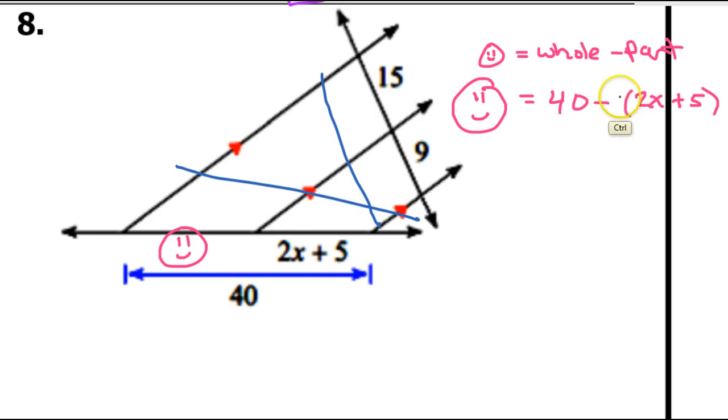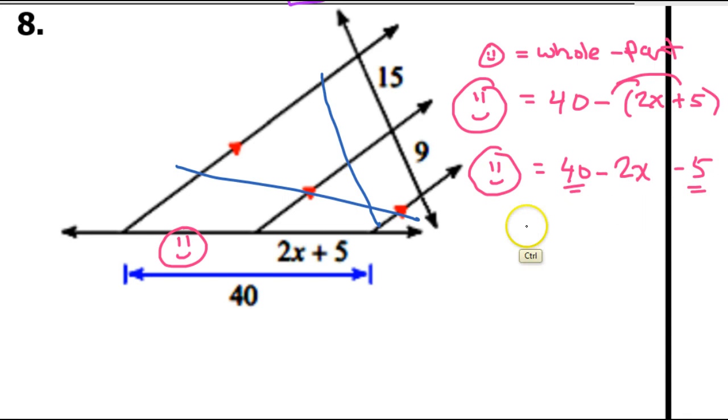Now this is extra tricky because I need to distribute this negative sign. A lot of students forget to do that. So the little smiley face part should equal 40 minus 2x minus 5. You have to distribute the negative sign. And now I've got like terms here. I have 40 minus 5 is 35.